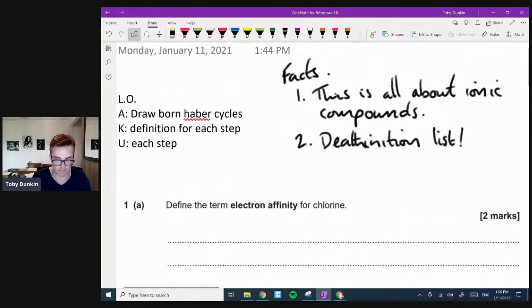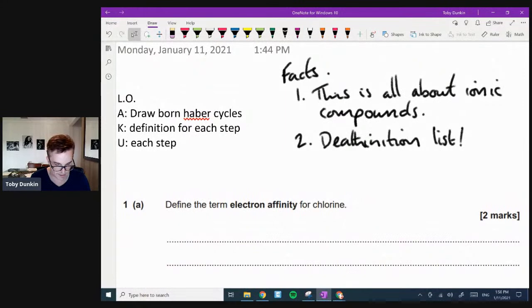The last part of the whole process was us trying to tie everything together in a cycle, and that the cycles are energy profiles. A Born-Haber cycle is an energy profile.